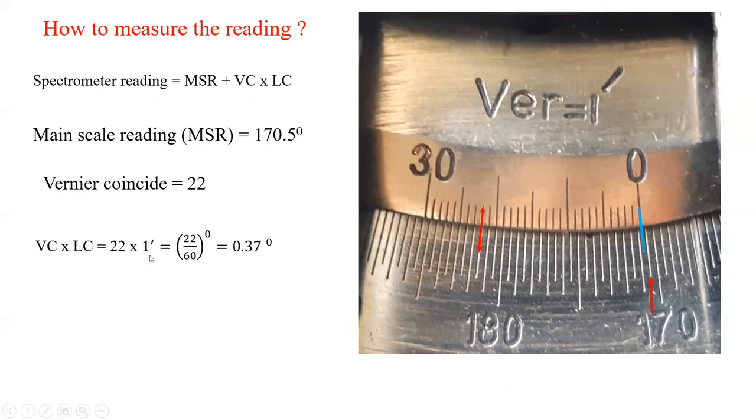So 22 into 1 minute, and convert into degrees by dividing the value by 60, because we know 1 degree equals 60 minutes. So the value is equal to 0.37 degree. Therefore, the spectrometer reading equals main scale reading 170.5 plus 0.37, that equals 170.87 degrees.